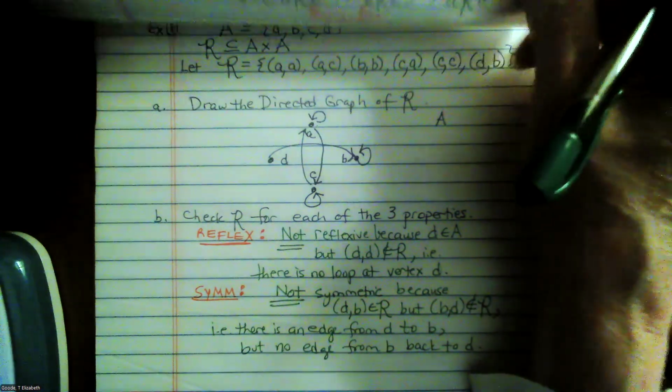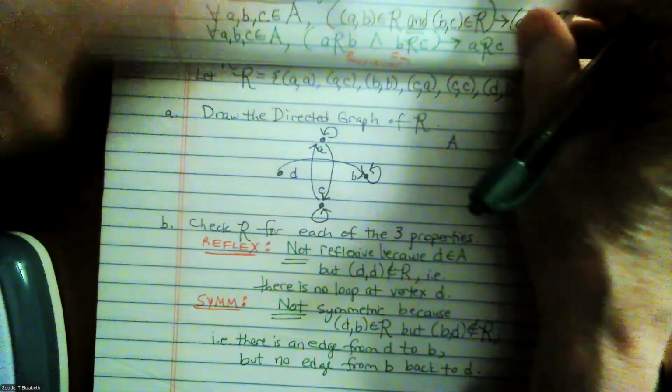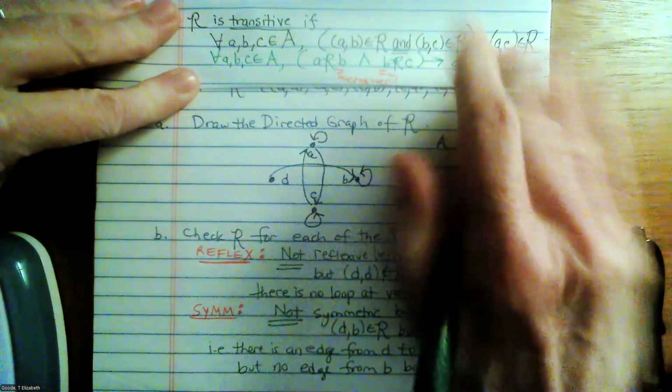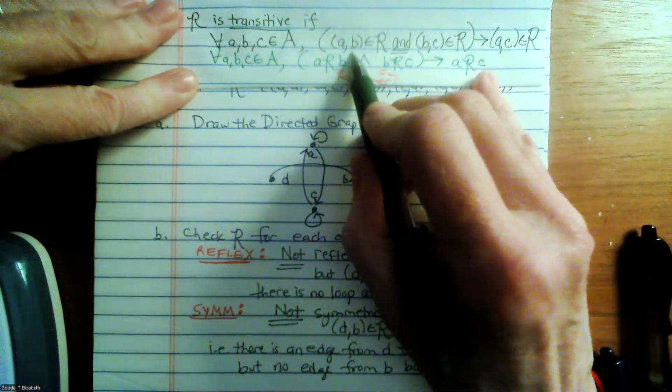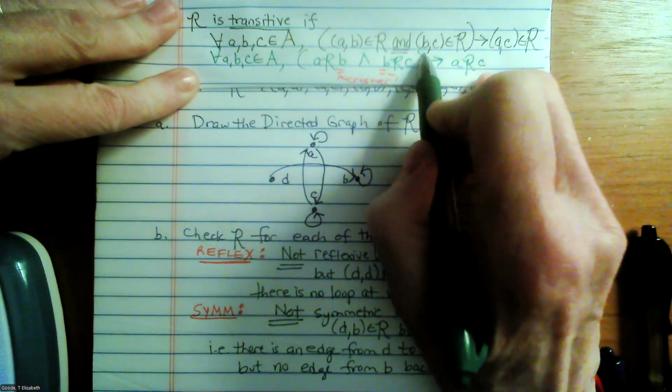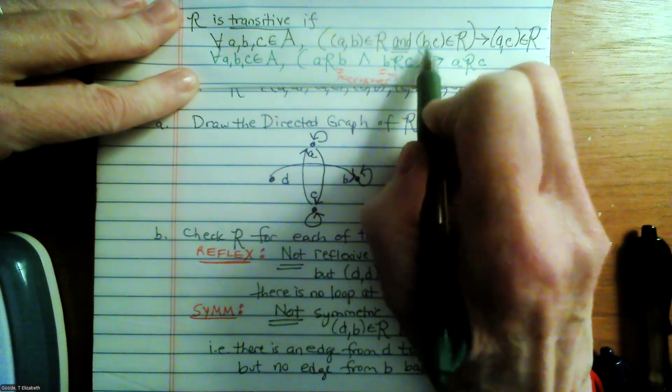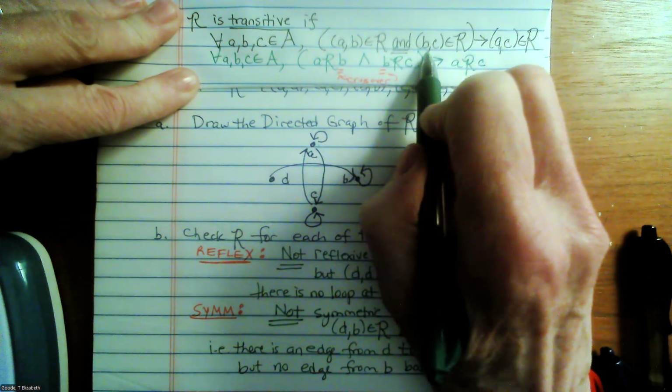Now let's check transitivity. It's transitive if we see two ordered pairs where the second coordinate of one of them is the same as the first coordinate of another one. That's when we have the hypothesis of transitivity satisfied.